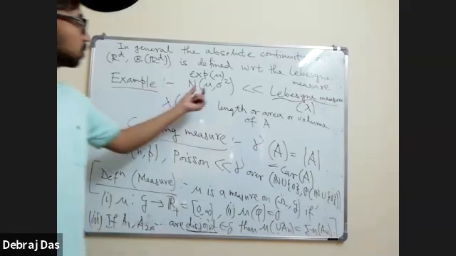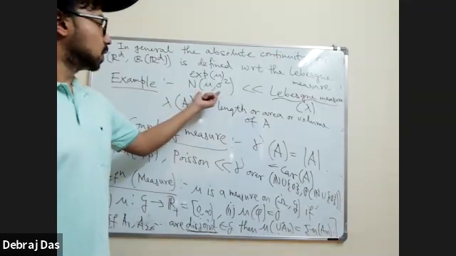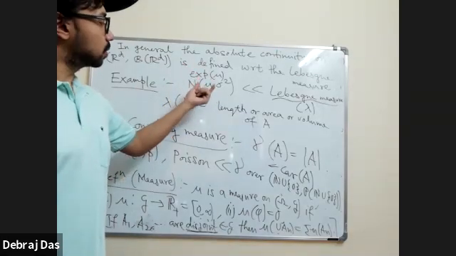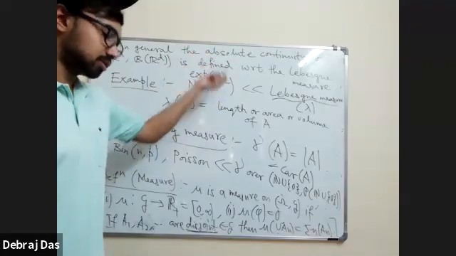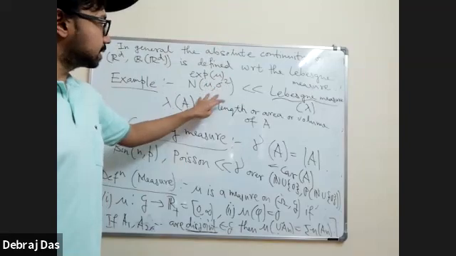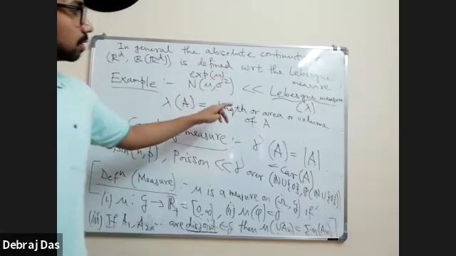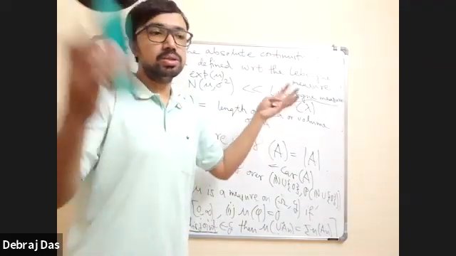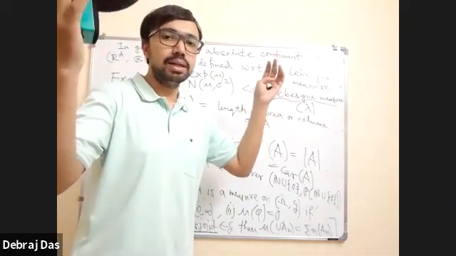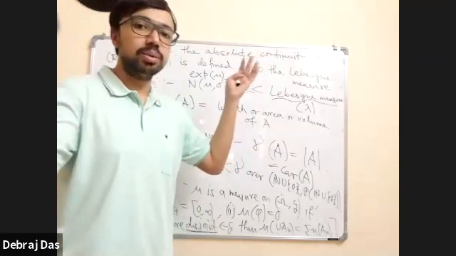So, for example, what are the general sets that have normal measure 0? If you consider any finite set, for example, let's consider 1, 2, 3, 4, that set has Lebesgue measure 0, right? Because there is no length inside that set. The length of that set is 0.